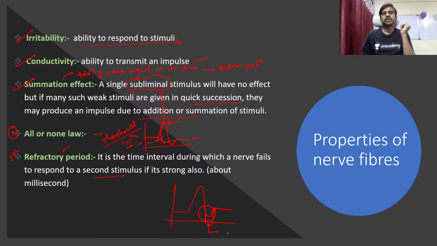It is inactivated for a new signal, and it fails to respond to a second stimulus even if it is strong. It doesn't matter how strong it is, in the refractory period it is not going to take any signal. This period lasts for milliseconds, never more than a millisecond, always less.